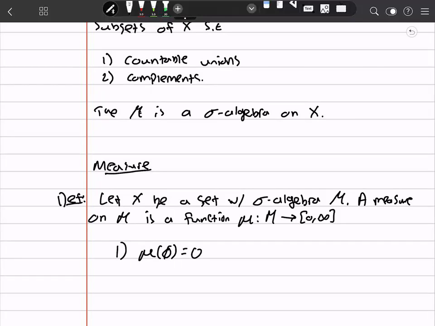But anyway, we have this, and we want a condition called countable additivity.